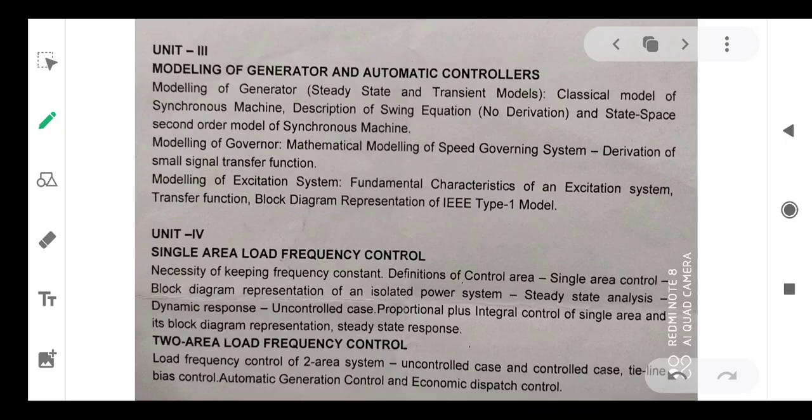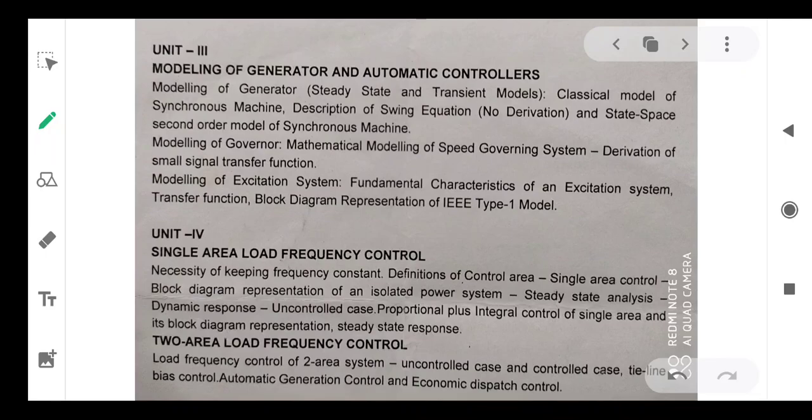And modeling of generator, classical model of synchronous machine, swing equation, and generator load model, and modeling of governor and excitation system, and IEEE type 1 excitation system model, transfer function model. So this is about modeling of various components of power system or synchronous machine, that is generating unit.